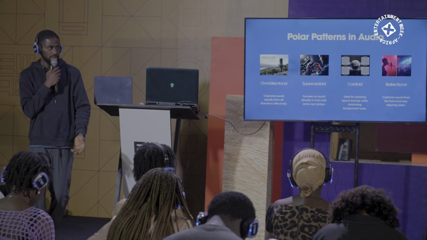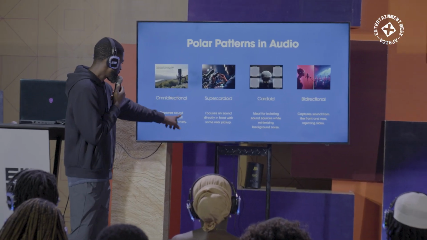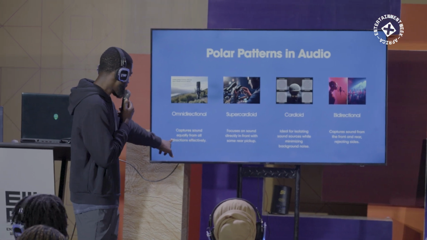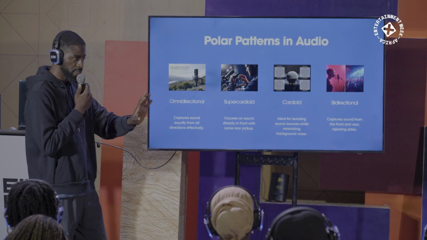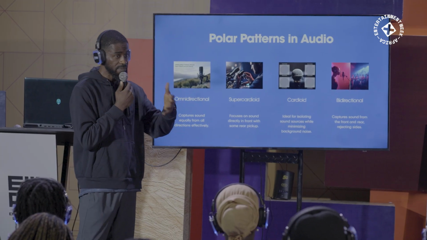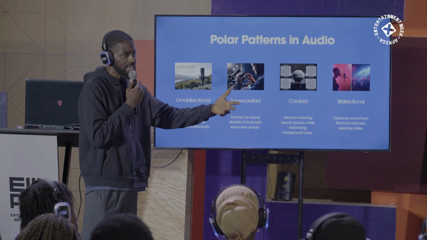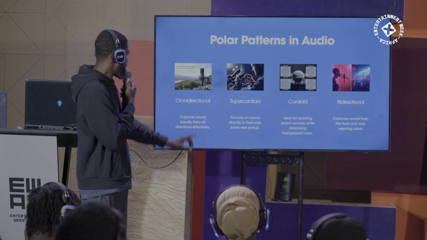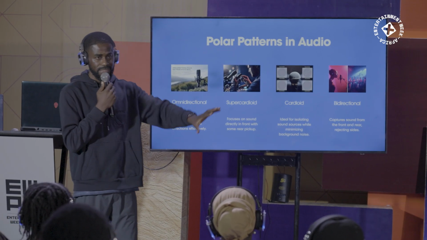Your omnidirectional captures sound equally from all directions, effectively. Like I said earlier, your choice of microphone is very, very important when you're amplifying a signal. Now, this mic is commonly used for choirs.